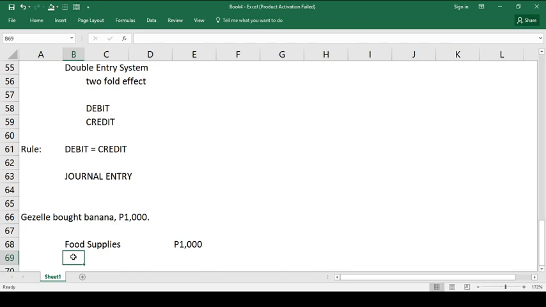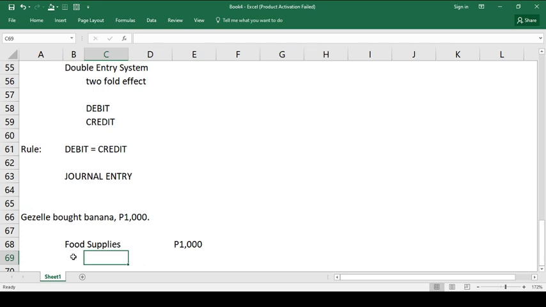In order for us to determine that this is the credit side already, we need to make indention. I-indent mo. Hindi naman isang 1 meter na indention, 2 inches na indention, as long as naka-indent lang. Okay? Clear na naka-indent. Once it is indented, we can identify immediately na ito ay credit na.